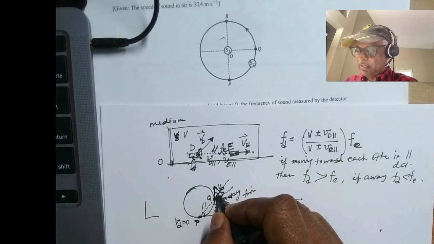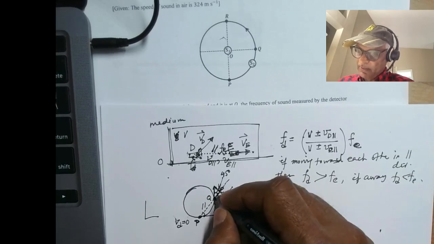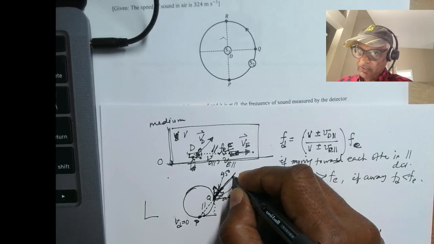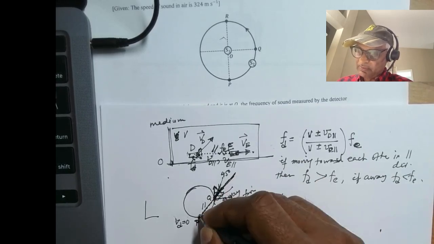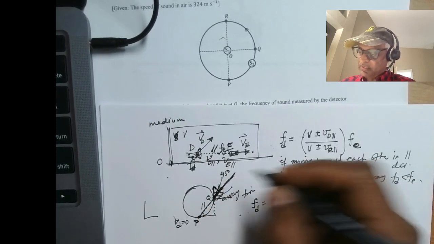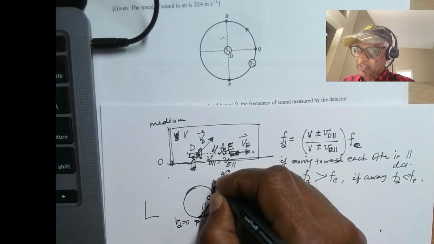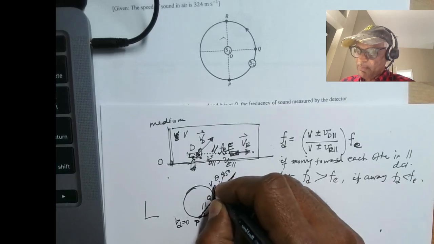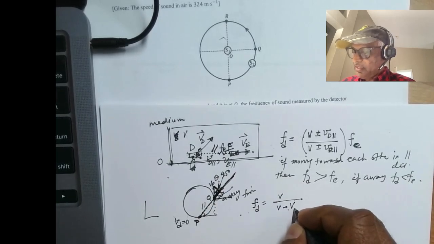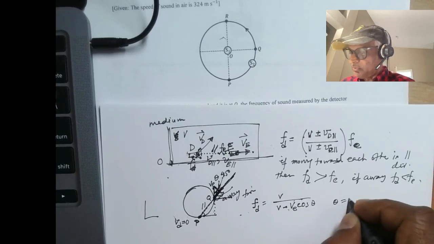If I look at the component of this along the direction of the line of sight from the detector, then if this angle was theta, it will be just VE cosine theta, where theta is 45 degrees.